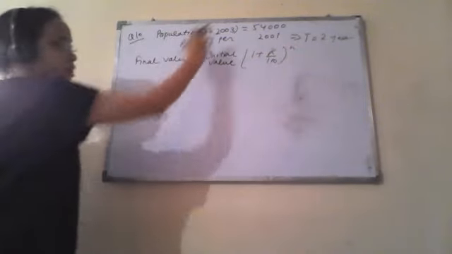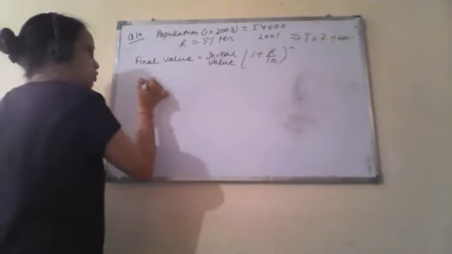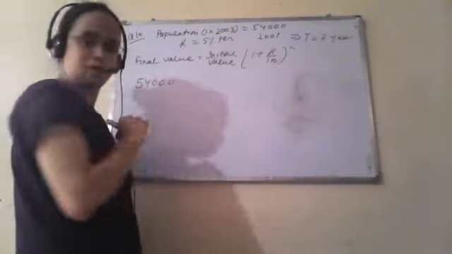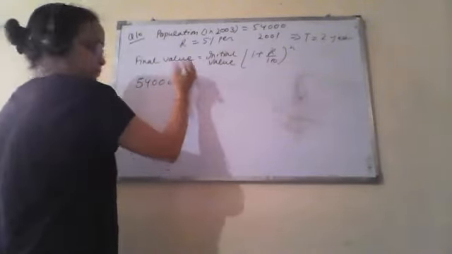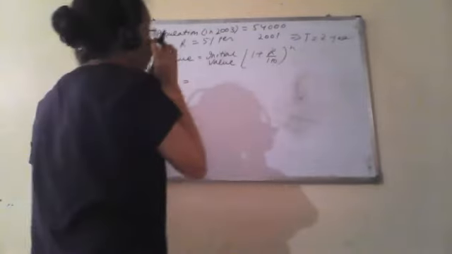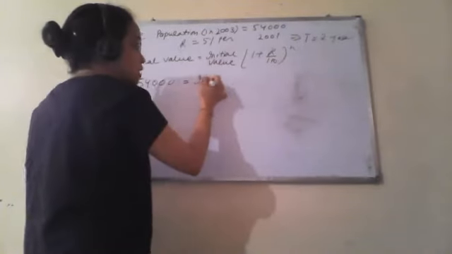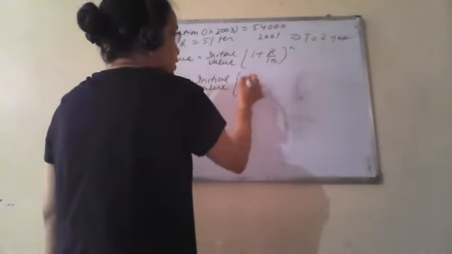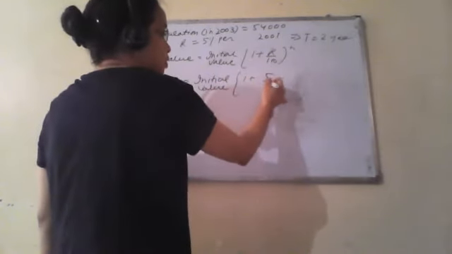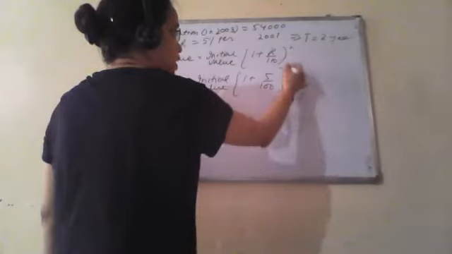Now the final value we have been provided, this is 54,000. Final population in 2003 they have given. The initial value, that is the value in 2001, we have to calculate, and this is 5 upon 100 to the power 2.